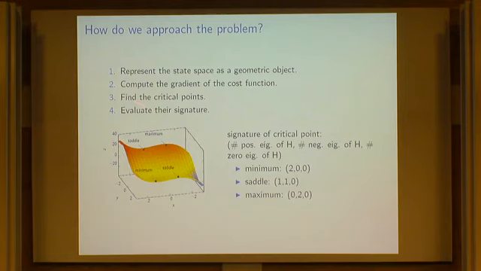And recall, the signature of a critical point is the number of positive eigenvalues of its Hessian, the second derivative, and the number of negative eigenvalues, and then the number of zeros. So it's a triplet. Here's an example, a function from R2 to R. This point is a maximum. Its signature will be 0, 2, 0.